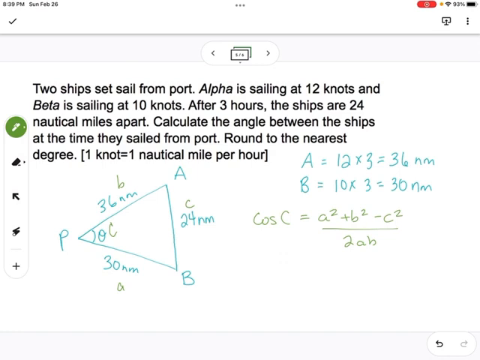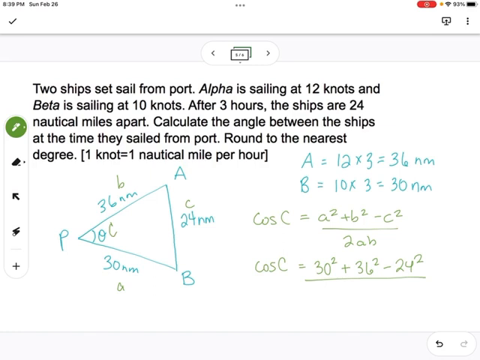Filling in everything we know into the equation, we don't know our angle, so we keep cosine C equals our A is 30 squared, B is 36, so we have 36 squared, minus c squared, which is 24 squared.